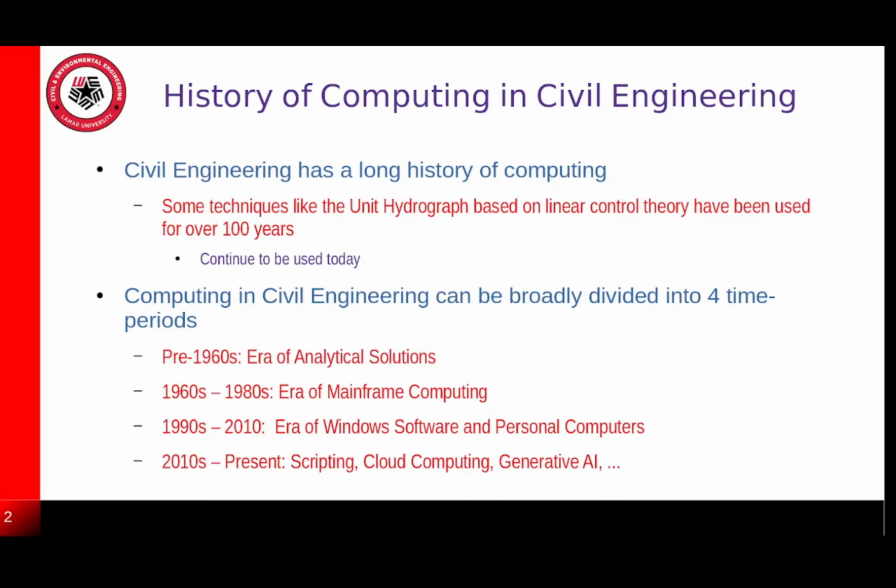I'm going to call the era from the 60s to the 80s the era of mainframe computing, the 90s to 2010 the era of Windows software and personal computers, and then 2010s to present, which is the last 10 years or so, the modern day era where you're seeing cloud computing, generative AI, and the list continues.